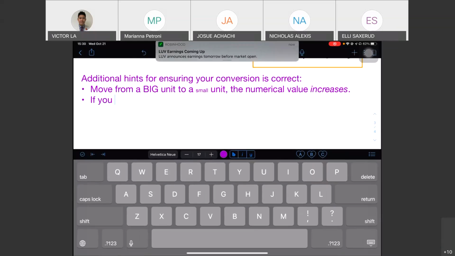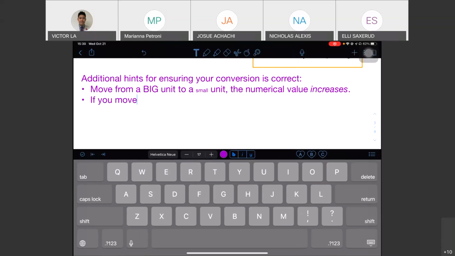If you move from a small unit to a big unit, the numerical value increases.